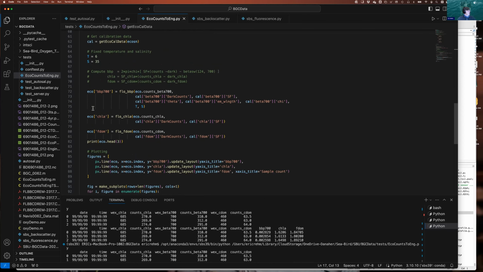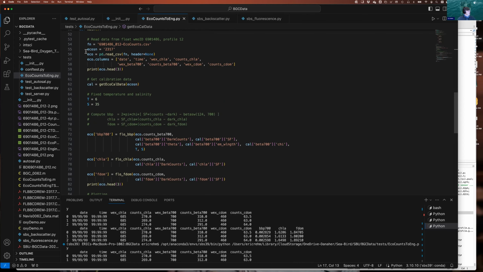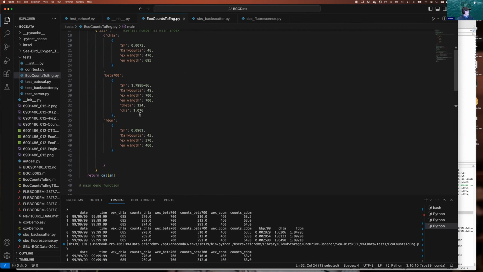So here's our main program, which is a lot like the MATLAB version. We read in the eco data, give it some column names, and get that calibration data from the function above.